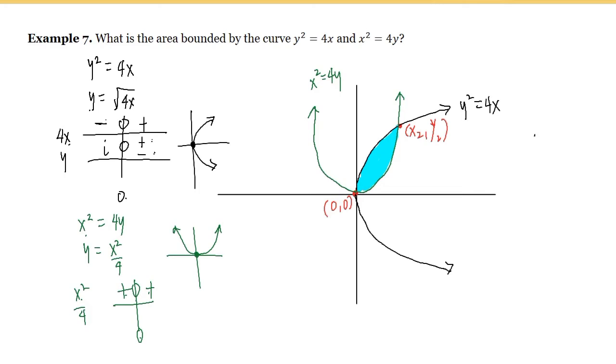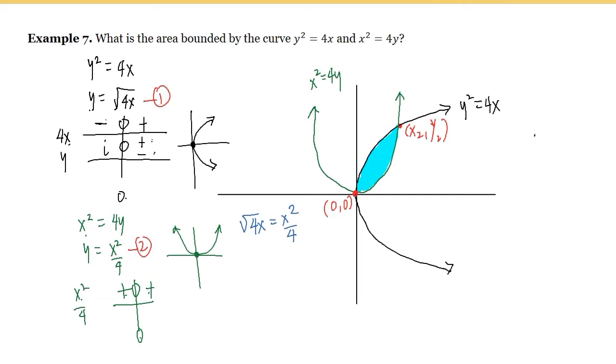So, ito na lang yung aalamin natin. So, in order to find that, we just have to substitute our equation 1 to our equation 2. So, equating our equation 1 and equation 2, we have here the square root of 4x is equal to x squared over 4.